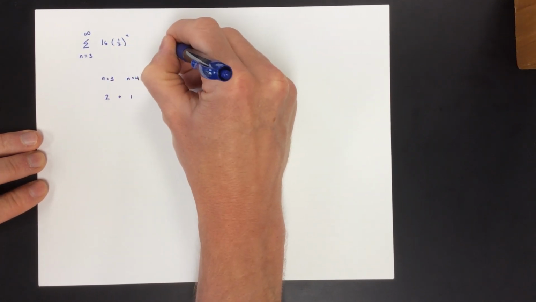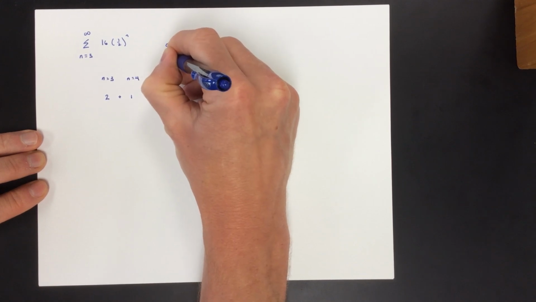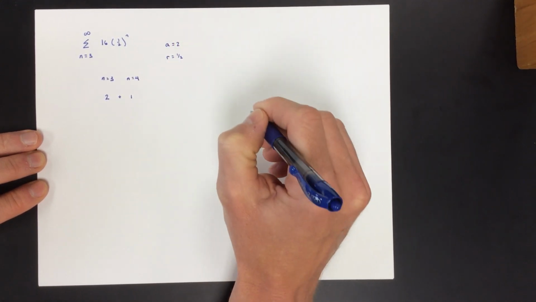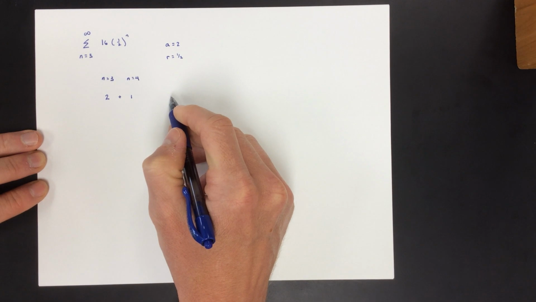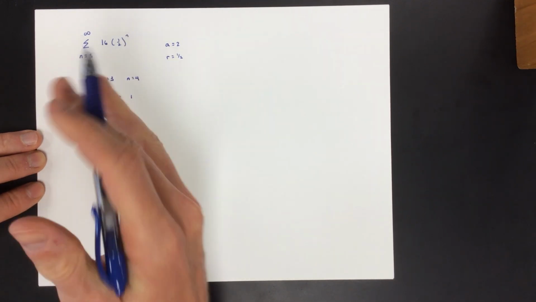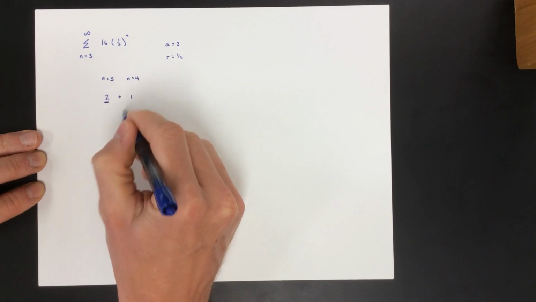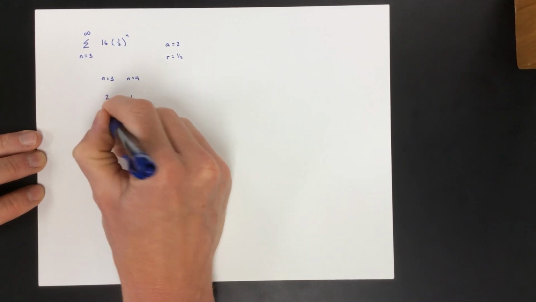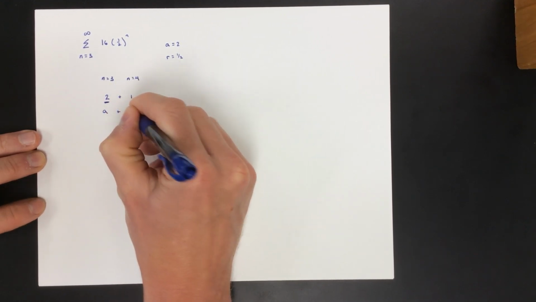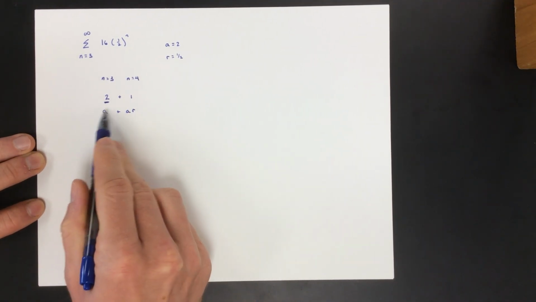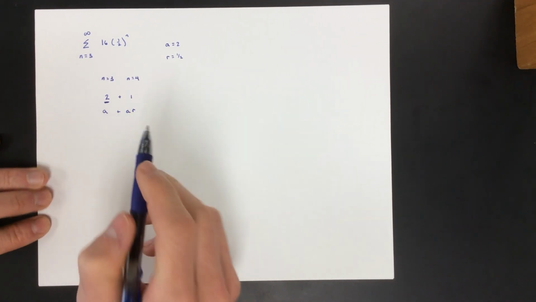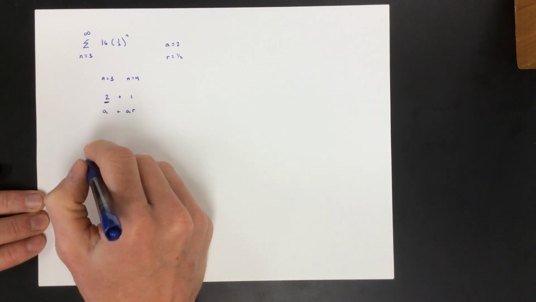So I can see a is 2, r is still 1/2, and then I can get the sum. And in this case, the sum would equal 4. So I can make this whatever I want. The first term in the sequence is always a, and then the multiplier is r. Right? This is a, and this is ar, and you can see here that a is 2, and then r must be 1/2. Okay, how else can they trick you for geometric?